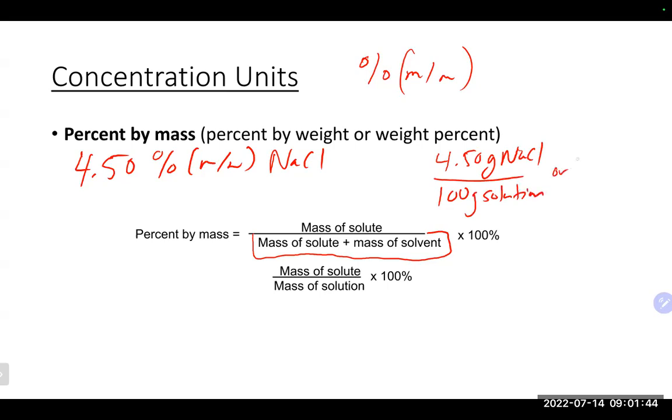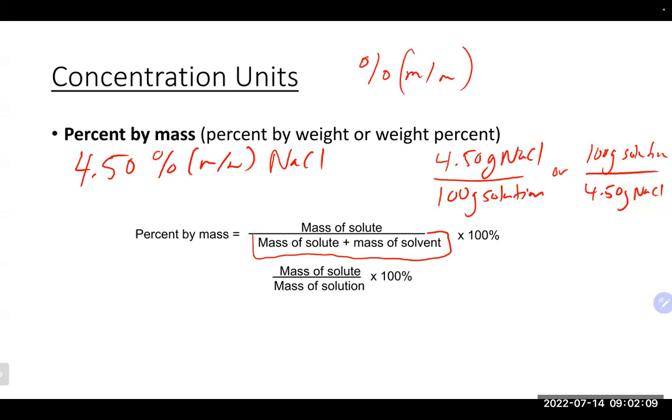If you needed it the opposite way, you could do 100 grams of solution is 4.5 grams of sodium chloride. So sometimes you are given the percent by mass of a solution, and it's easier to use it as a conversion factor. Here we assume 100 because it keeps the numbers all the same when you do it.